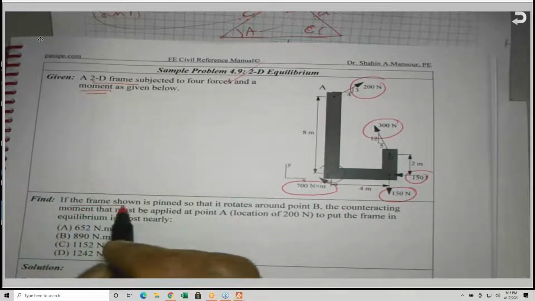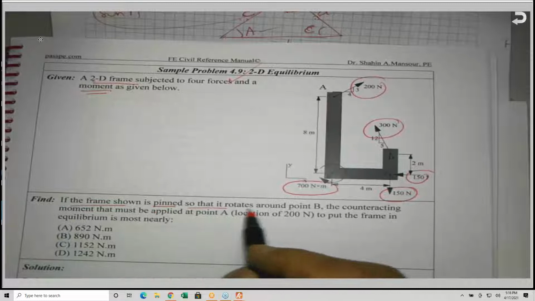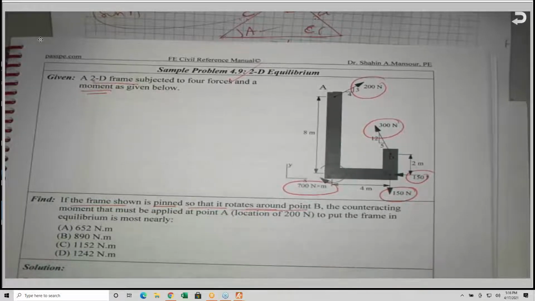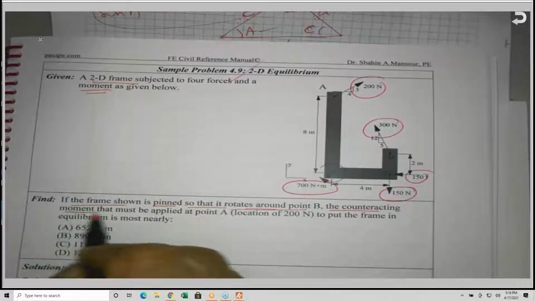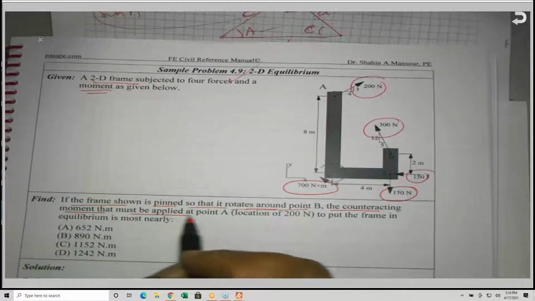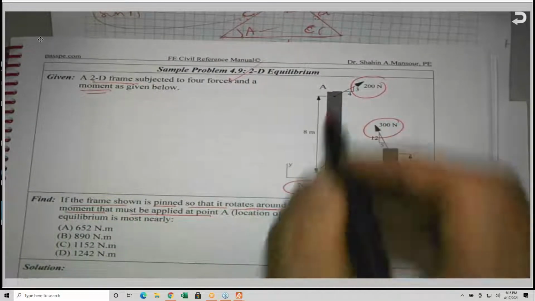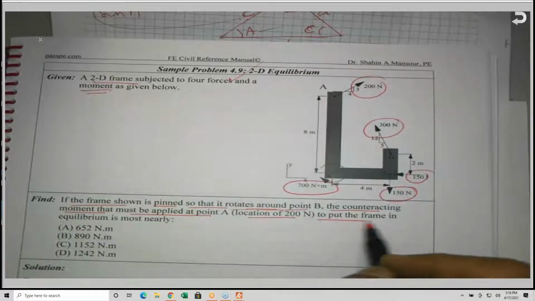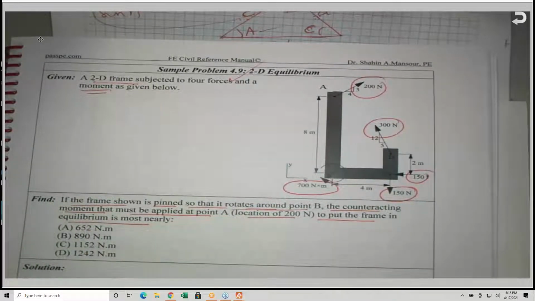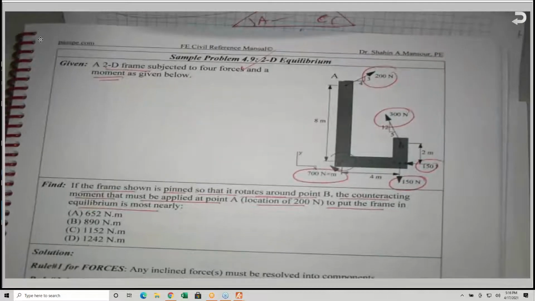Okay, if the frame shown is bent so that it rotates about point B, the counteracting moment that must be applied at point A, where the location of the 200 Newton, to put the frame in equilibrium is most nearly.